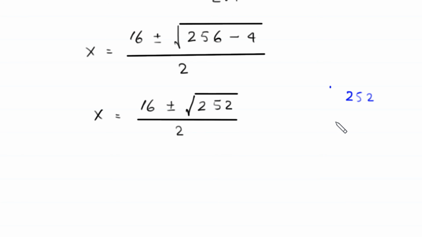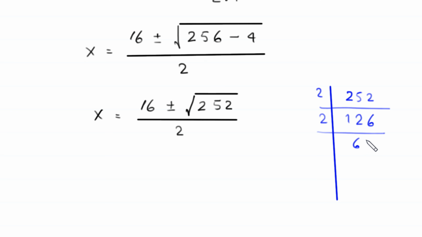Now if we factorize this 252, first we divide by 2, so this will become 2 1 time, 2 2 times 4, and 2 6 times. Next, again divide by 2, 2 6 times, 2 3 times. Now this is divisible by 3, 3 2 times, 3 1 time, again 3 3 7 times.